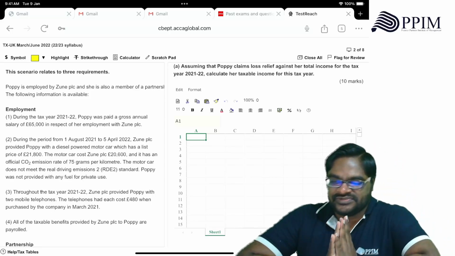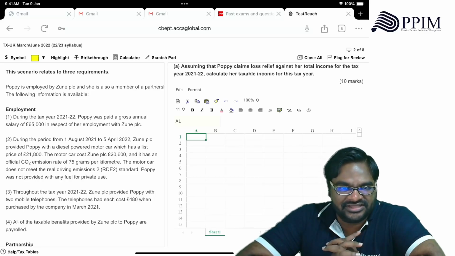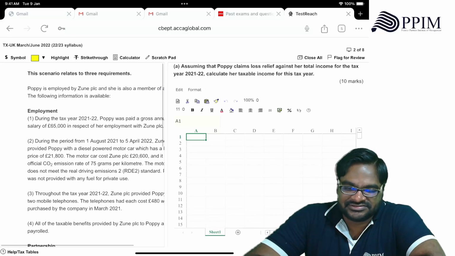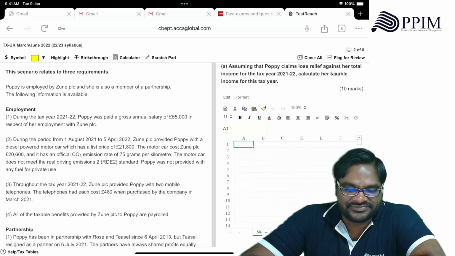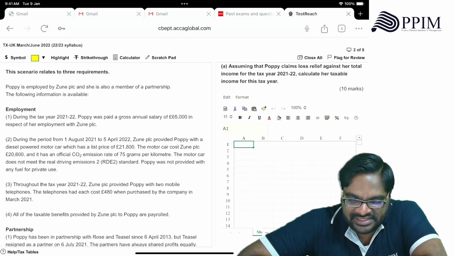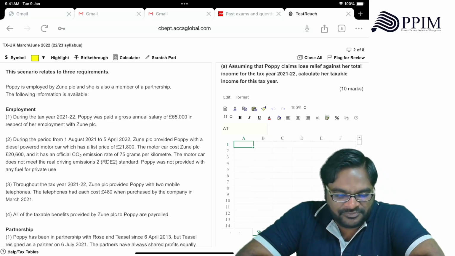You need to advise, right, or calculate the taxable income after considering the loss relief against her total income. If so, first of all, you need to take care of her income. You have to figure out what is the income, first of all. Poppy is employed by Zune PLC and she is also a member of a partnership. The following information is available. Employment.